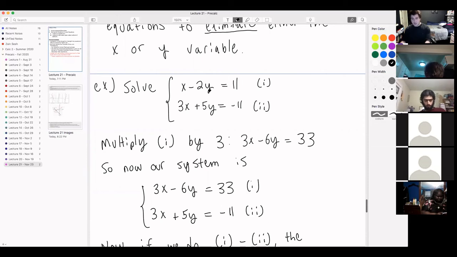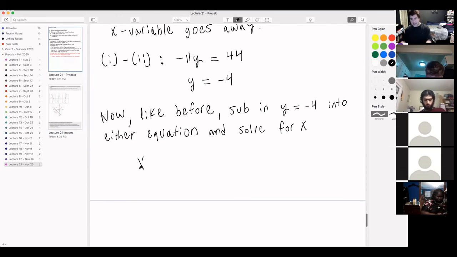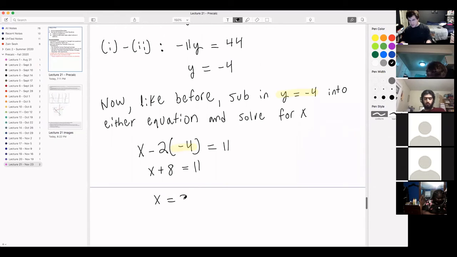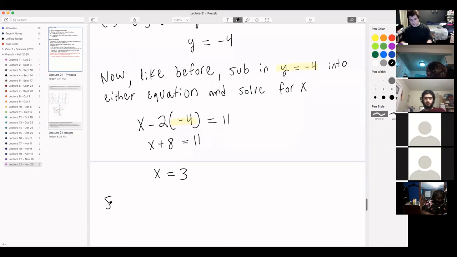So I'll have x minus 2y is 11, so x minus 2 times negative 4 is equal to 11. That y equals negative 4 went right here. This is easy: x plus 8 is equal to 11, which is x equals 3. Very good, so here's the solution. I like to put it in coordinate pair notation: 3 comma negative 4. And that's it. That's the answer.